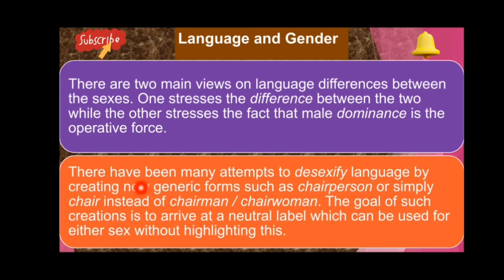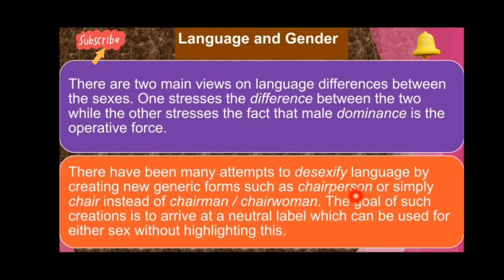There have been many attempts to desexify language by creating new generic forms such as "chairperson," because in the past this word was used as "chairman." That is the desexifying of the word. Nowadays we use chairperson, which is used both for a woman and for a man.